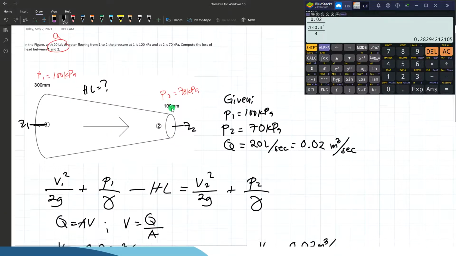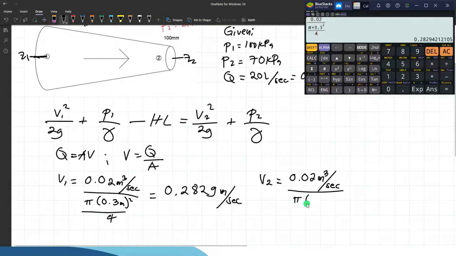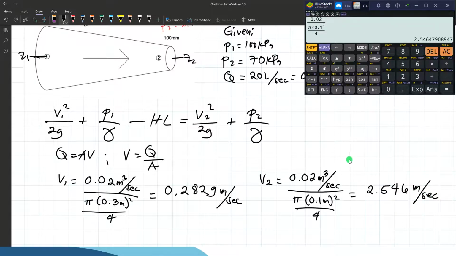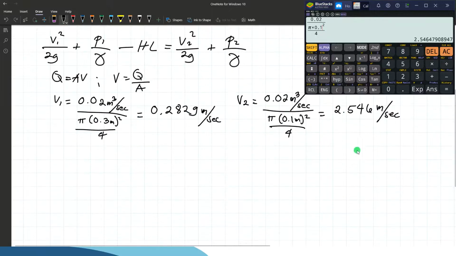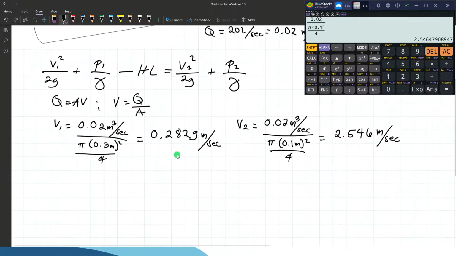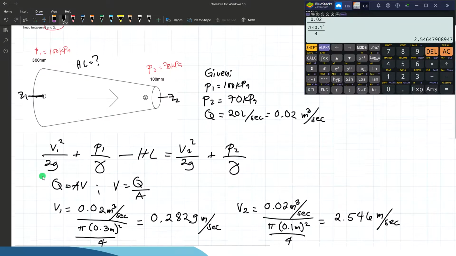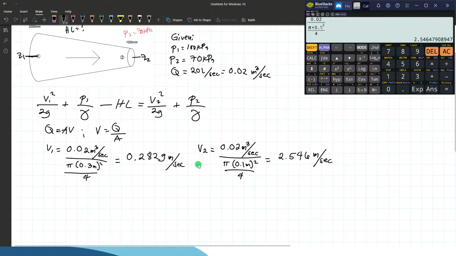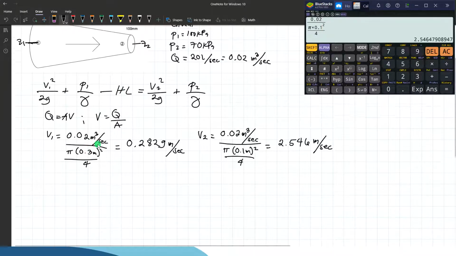Area at point 2, we have diameter of 100 mm, so pi d squared over 4. So that's 2.546 meter per second. Then substitute now all the given. Before we substitute, let's make the equation.